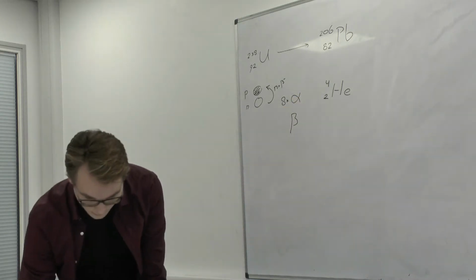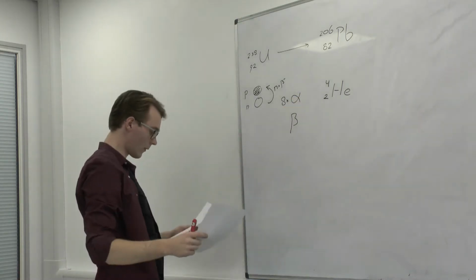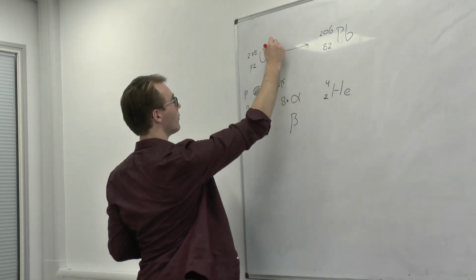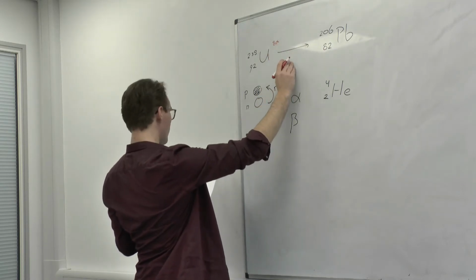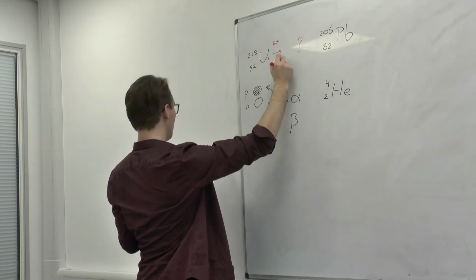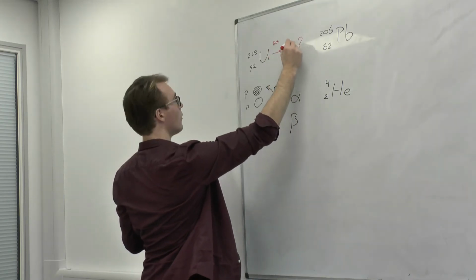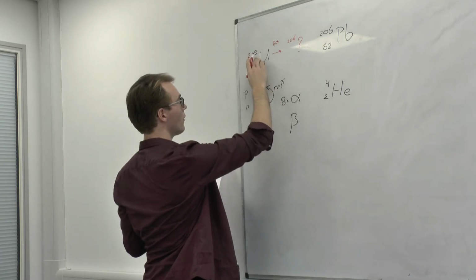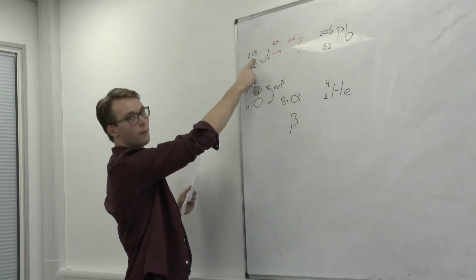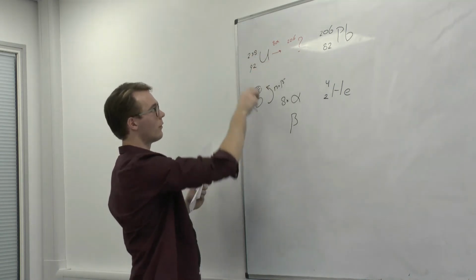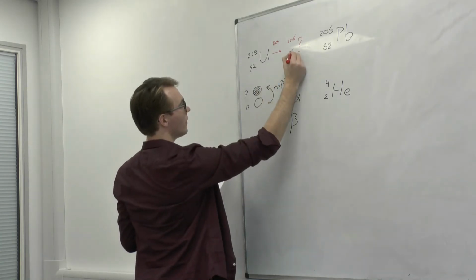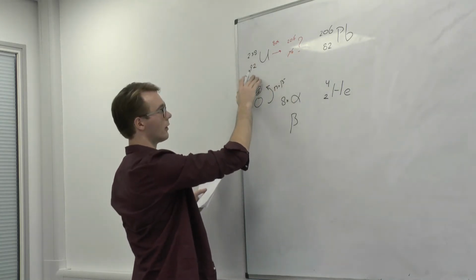If that happens 8 times, the particle that you would get after 8 alpha decays has 206 protons and neutrons in total, because 8 times 4 is 32 that have been lost. So 206 will be remaining. And in addition, there will be 76 protons in the nucleus.